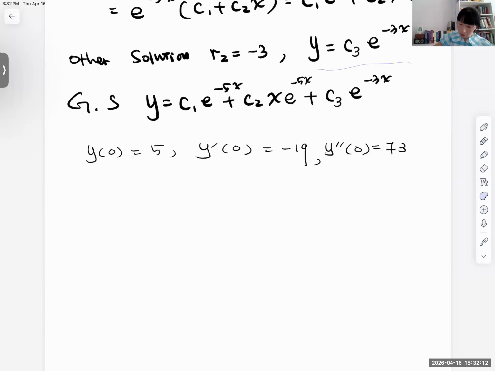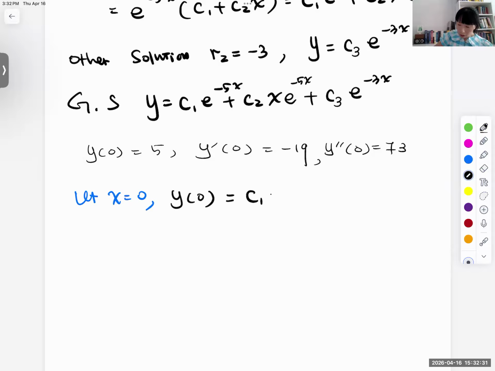Just looking at this one, I don't have to bring it down. So let x equal to 0. Then y of 0: 0 equal to c sub 1 e to the 0 power plus c sub 2 x, which is 0. Then everything is 0, right? And c sub 3 e to the 0 power.